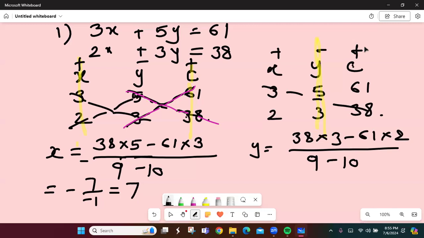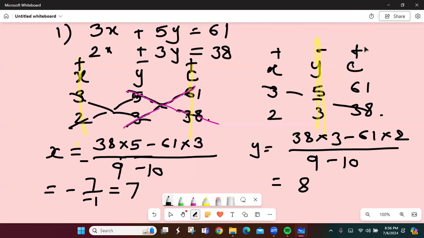And as you can see, on the top of x, there is a plus sign. On the constant column, there is a plus sign. So plus into plus is plus. So for y, there is no change of sign. So now you solve this. If you solve this, you are going to get 8 here.